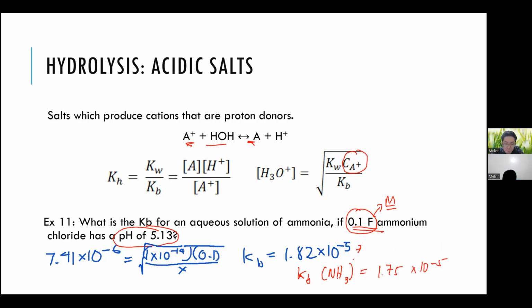Your experimental value is 1.82, because that is what we got from the calculation. The true value is from the books, 1.75 times 10 to the negative 5.